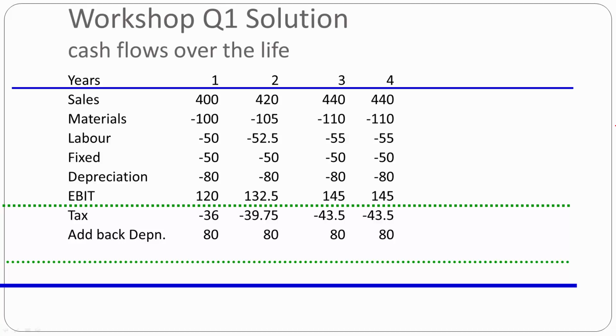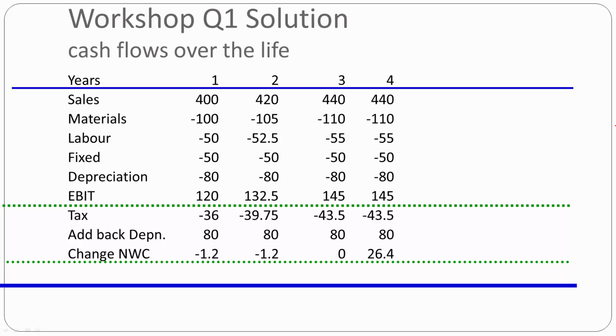Now, this one you might have missed if you'd had a go at it, but change in net working capital. Remember how up front we invested $24,000 in inventory to get us started, and we're told that we want to make sure that we're carrying 6% of the anticipated next period's sales in inventory at the start of the year.